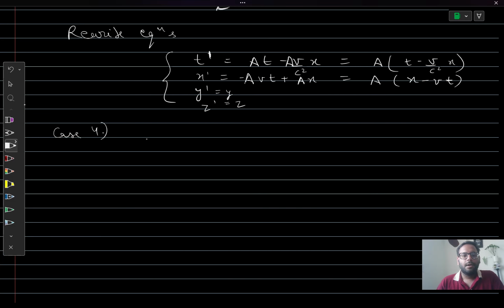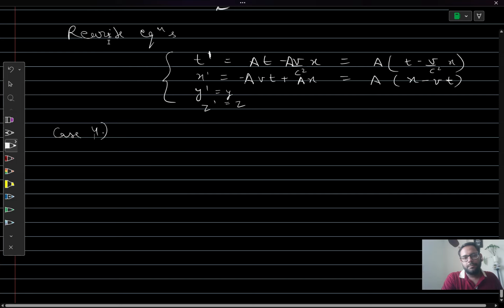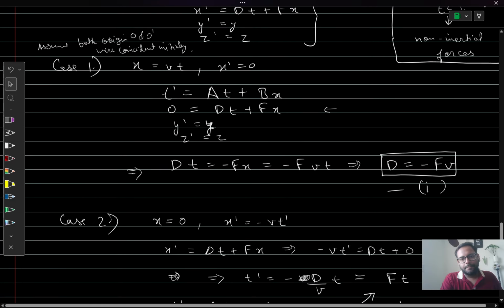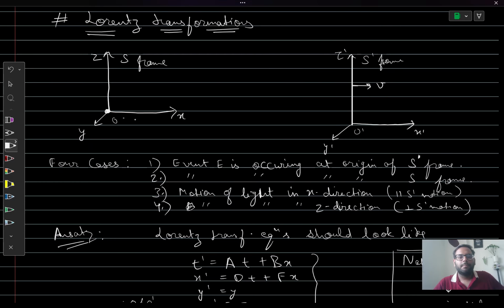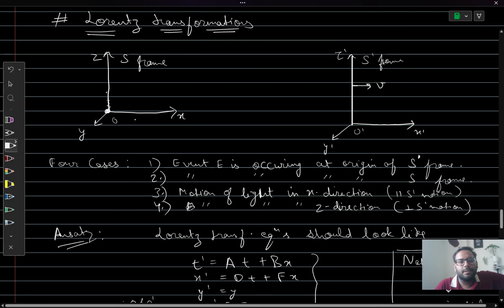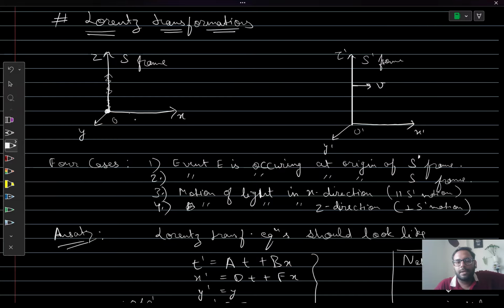So along the perpendicular motion, suppose my light is originating from this origin O and traveling in this direction. My third case was light propagating in the x direction. Now my light is propagating in this z direction.